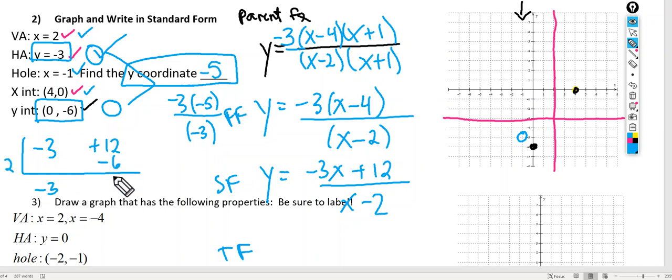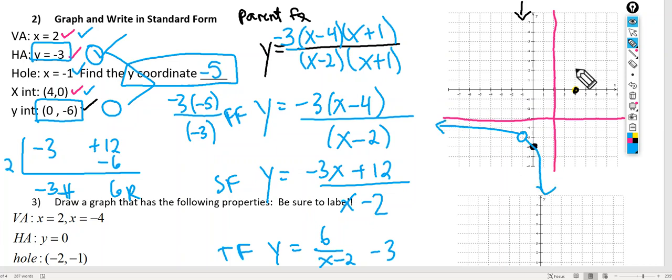Okay, so it reduces by 1. So this was x, so now it's number and remainder. So this is 6 over x minus 2 minus 3. Now, that makes sense. So it's in the bottom left and the top right.